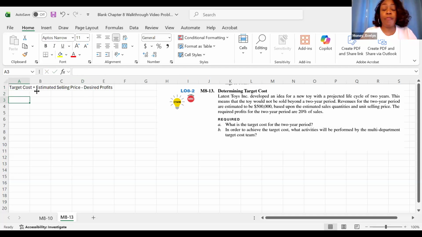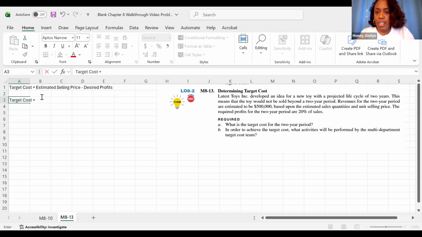We're focused on finding the target cost. So now, target cost is equal to my revenues, that 500,000. That's my estimated selling price, minus my desired profits. And we wanted our profits to be 20% of sales. So it's the 500,000 times 20%.